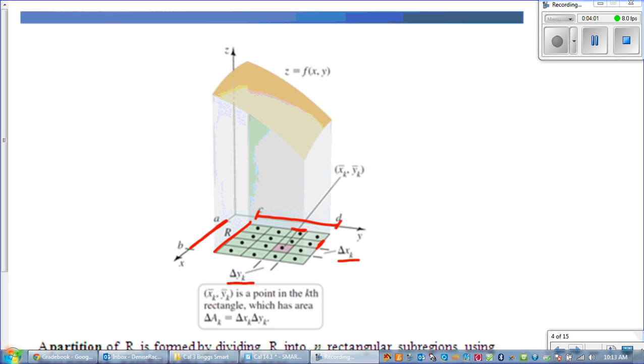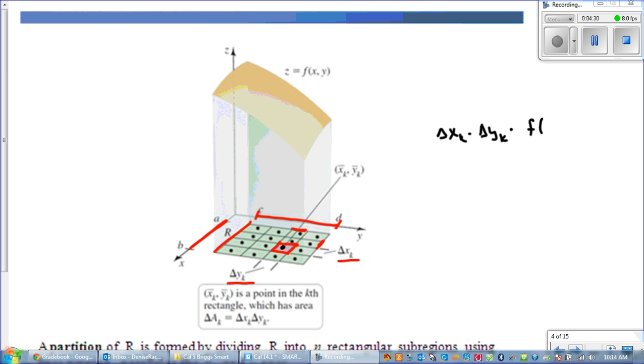So now we choose a random point in each one of these rectangles. So if we choose a point here, that box that would have that base in the xy plane would have a volume of delta x sub k, delta y sub k, times whatever the height is of that function.